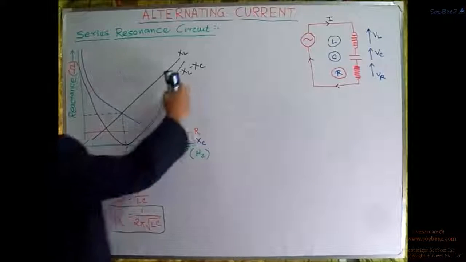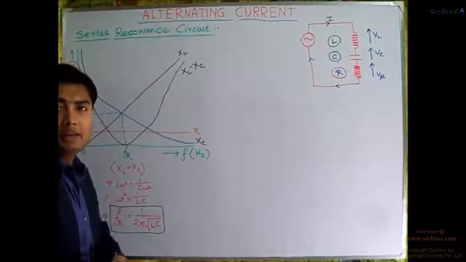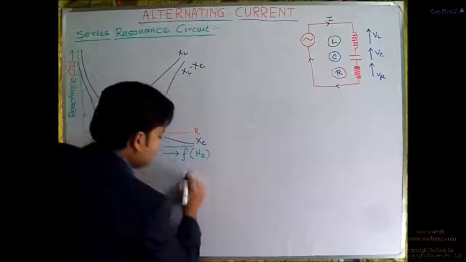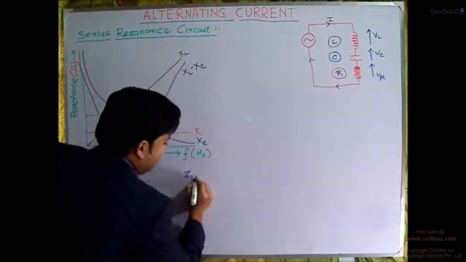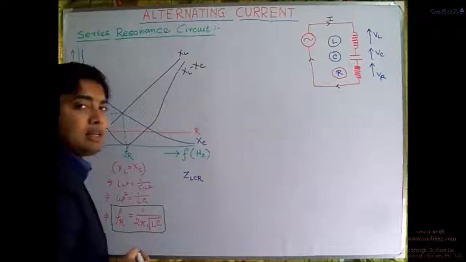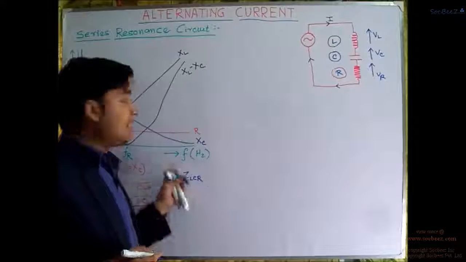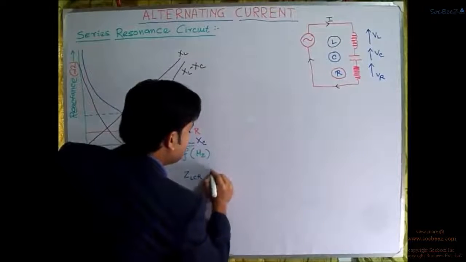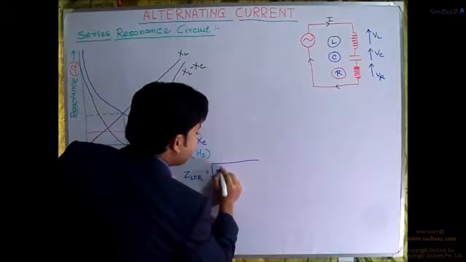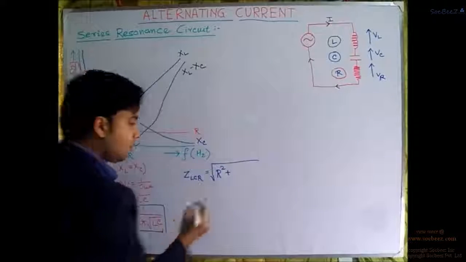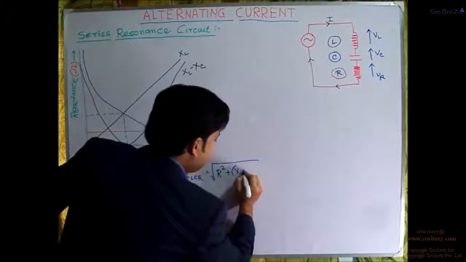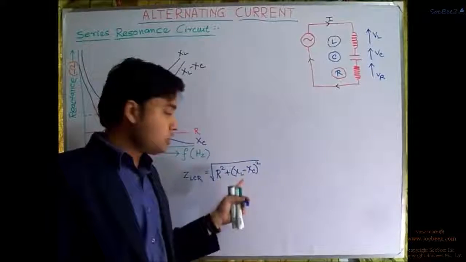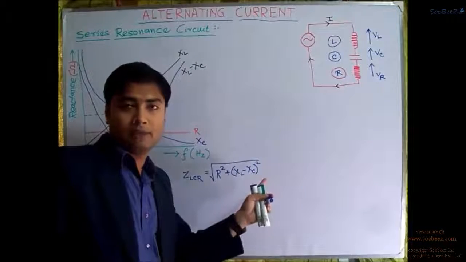Now, if this is XL minus XC, we know that Z of the LCR circuit, which means the impedance of this LCR circuit, is basically equal to under root of R square plus XL minus XC square, or L omega minus 1 divided by C omega whole square.